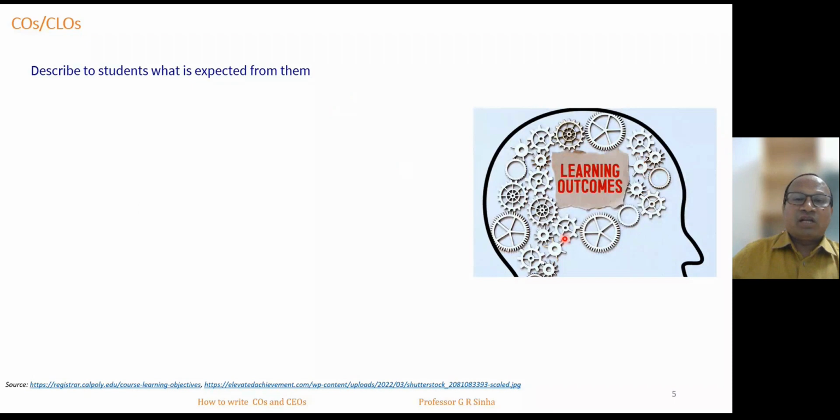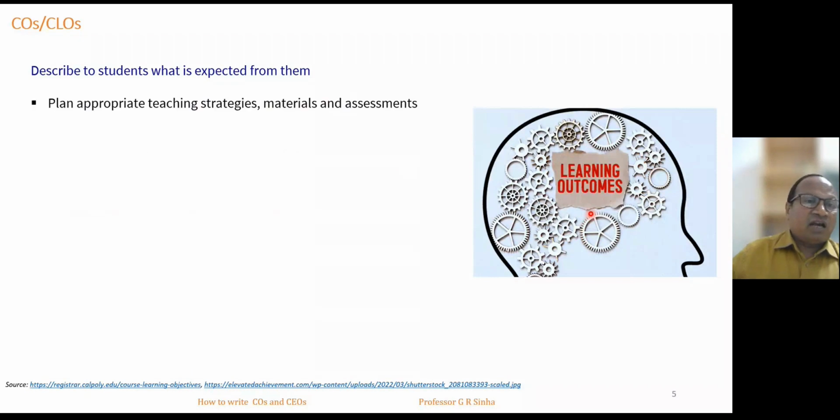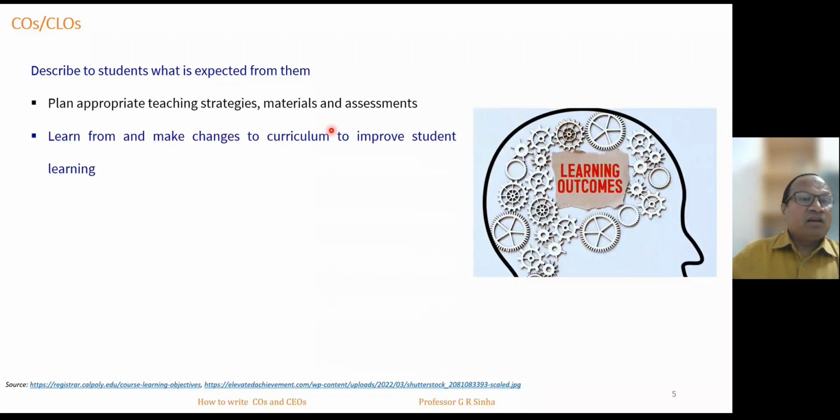So the learning outcomes will actually reflect the actual impact of learning, the change the course has brought in the students in terms of knowledge, values, and skill set. And it also helps them to plan appropriate teaching strategies, materials, and assessments, and to learn from and make changes to the curriculum to improve student learning.